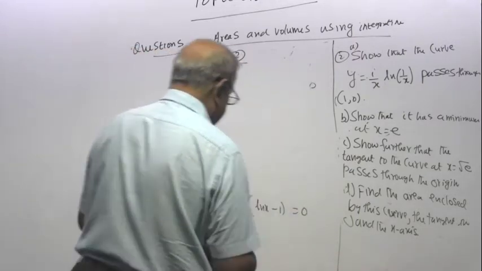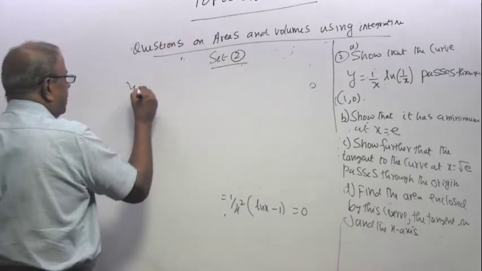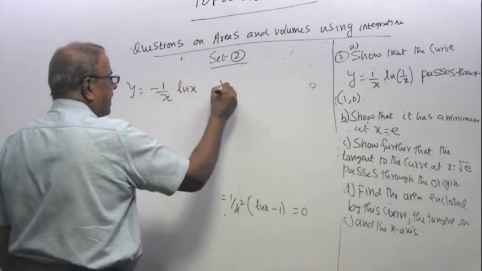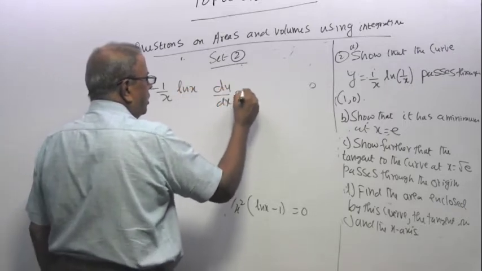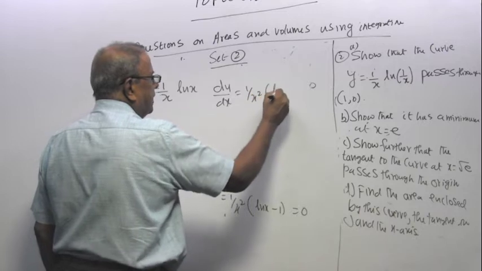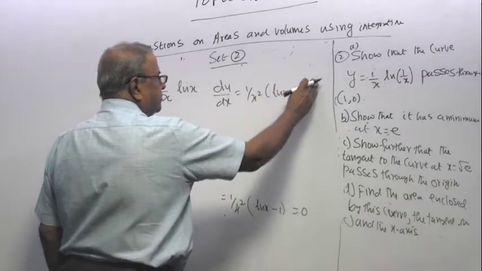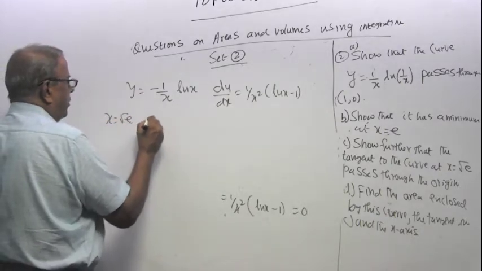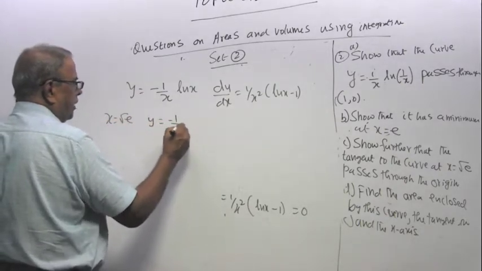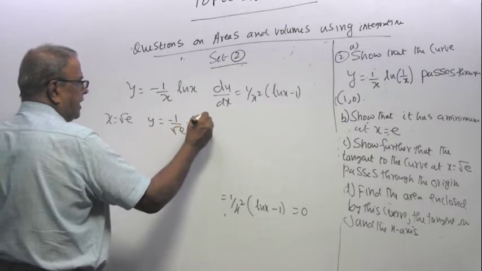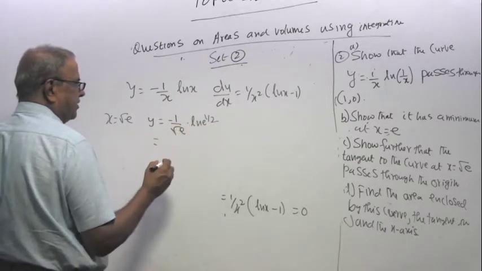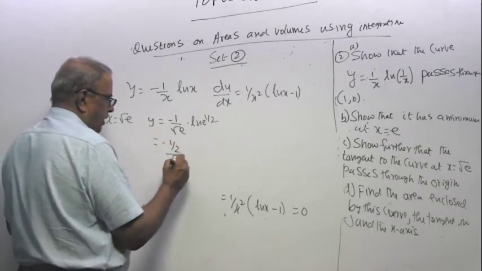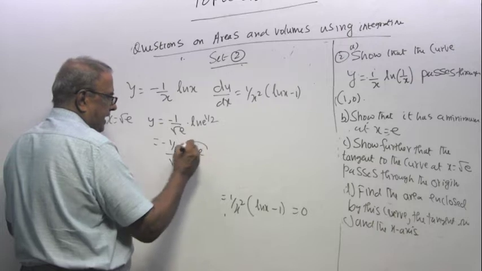So I need it. So therefore, y equal to minus 1 over x ln x and dy by dx equal to 1 over x squared times ln x minus 1. x equal to root e. y is equal to minus 1 over root e times ln e power half. That is minus half over root e ln e. ln e is 1.